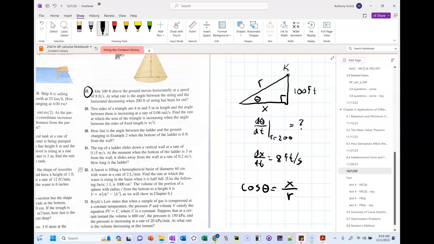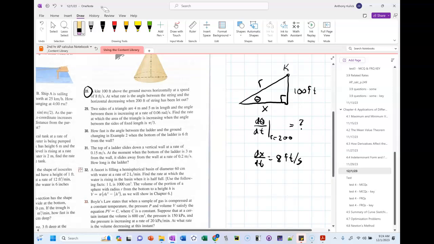So we made a mistake because I forgot to write down the 100 feet above the ground to start with. So we shouldn't be picking cosine here. Or tangent, one or the other, doesn't really matter.